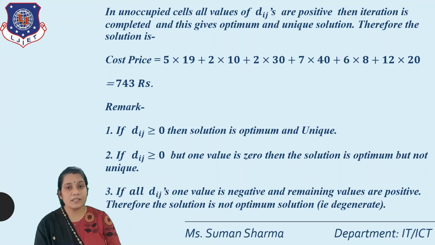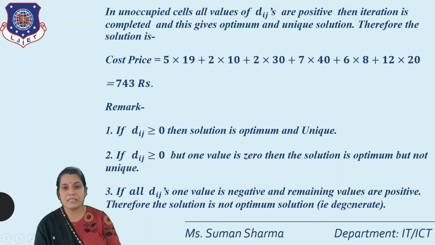Okay, so here we again have three conditions. If Dij is greater than or equal to 0, then the solution is optimum and unique, just like your previous example. Second, if Dij is greater than or equal to 0, but one value is 0, then the solution is optimum but not unique. And third, if among all Dijs one value is negative and the remaining values are positive, then the solution is not optimum.